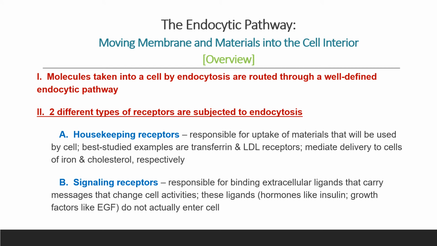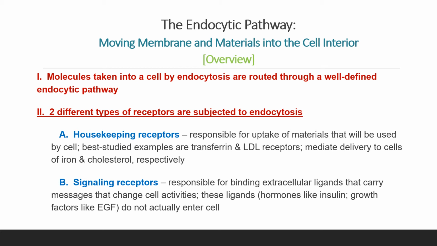So molecules taken into a cell by endocytosis are routed through a well-defined endocytic pathway. There are two different types of receptors. The first is the housekeeping receptors. They are responsible for the uptake of materials that will be used by the cell, and the best studied examples are transferrin and LDL receptors.